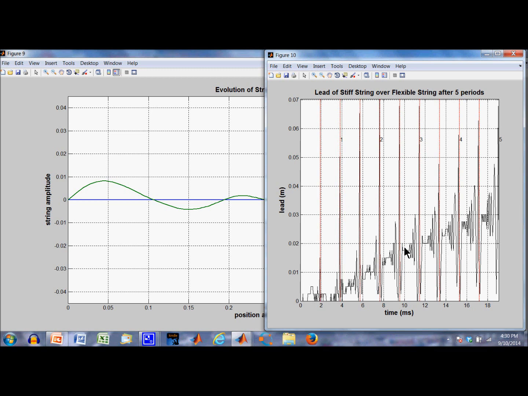The thing to pick out here is that at each reflection there is a step in the lead. For example, we come along here, here's the lead, and then you have a reflection and the lead jumps up to here, have another reflection, the lead jumps up to here. So something happens on those reflections.